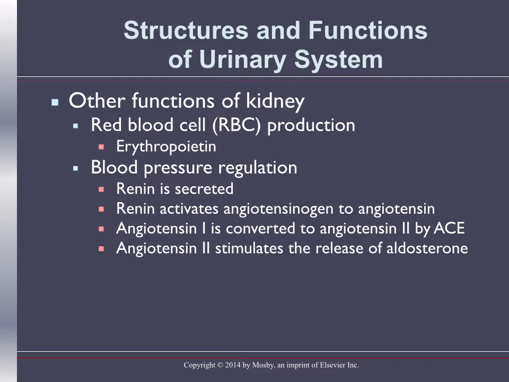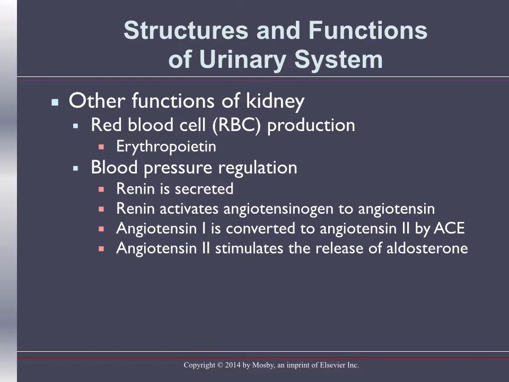The kidney does blood pressure regulation, and there is a hormone called renin, which is important in the regulation of blood pressure. Renin is produced and secreted by cells of the kidney known as juxtaglomerular cells, and then renin is released into the bloodstream in response to decreased renal perfusion, decreased arterial blood pressure, decreased extracellular fluid, decreased serum sodium concentration, and increased urinary sodium concentration.